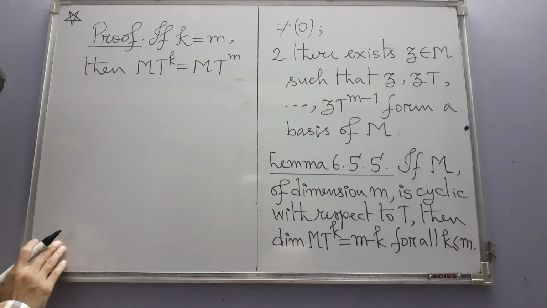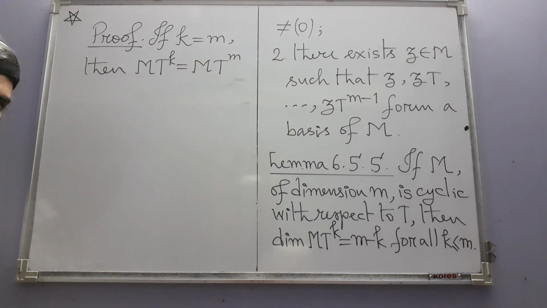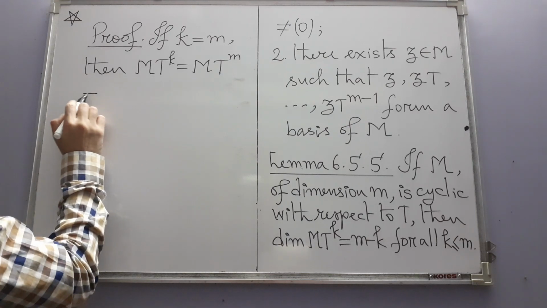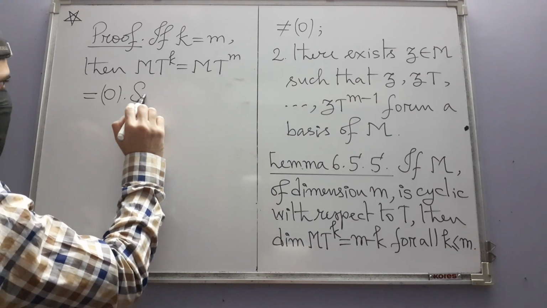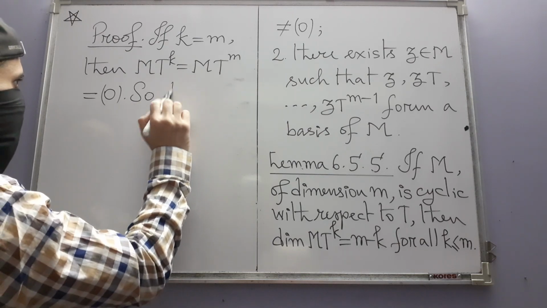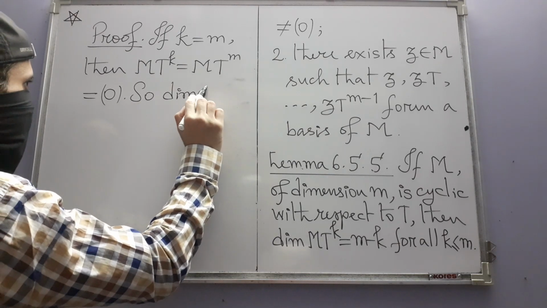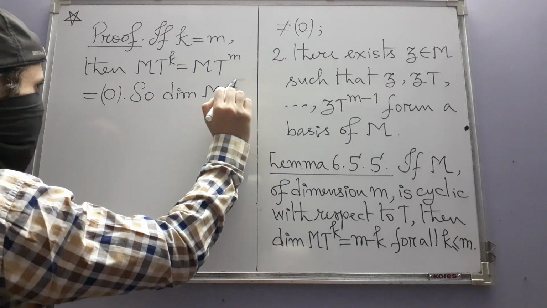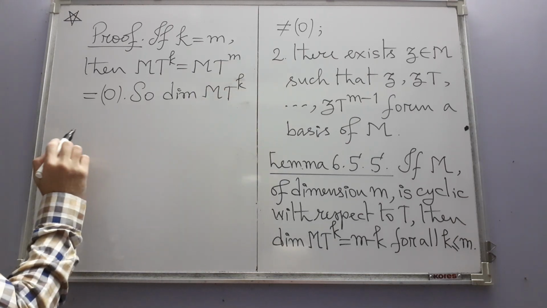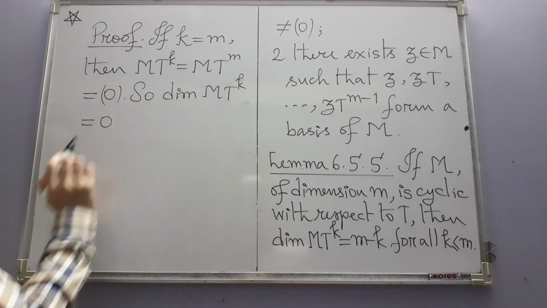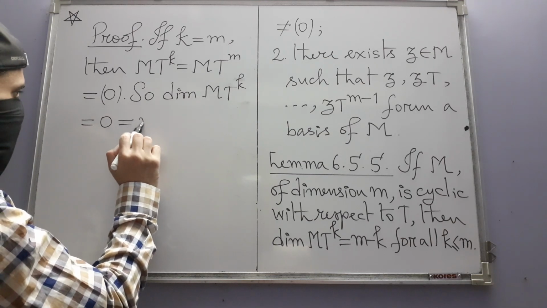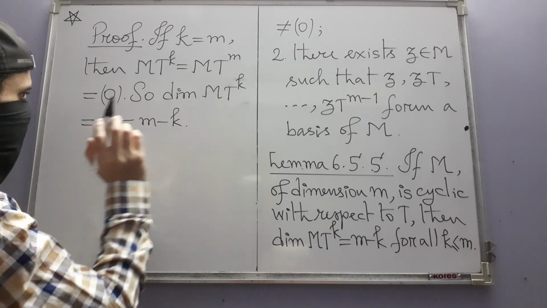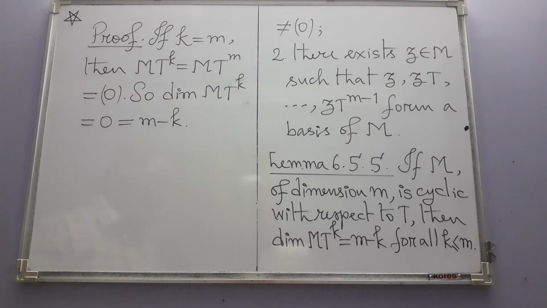And by condition 1 from our above definition, this is the zero space. So in this case, the dimension of M T to the power k is the dimension of the zero space, which is 0, and that is also of course equal to m minus k, because k and m are the same in this case.